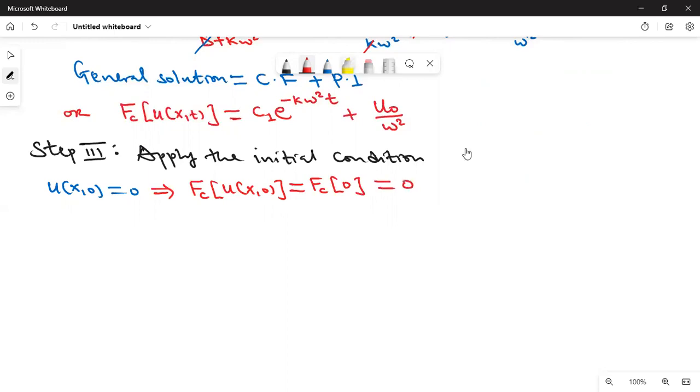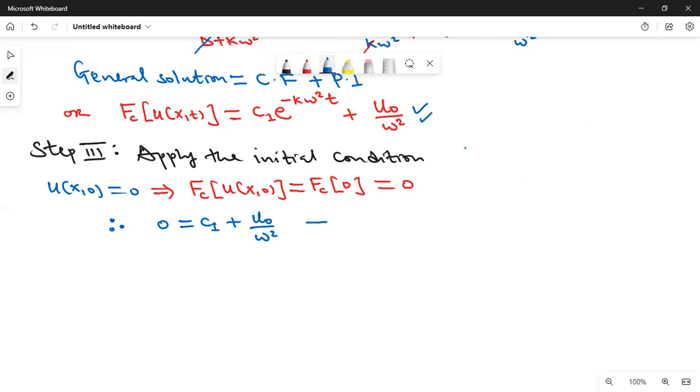So that means in this equation, look at the one I have ticked. When I substitute t is equal to 0, I am supposed to get my transform on the left-hand side to be equal to 0. So we will say now, therefore, 0 is equal to c1 times exponential 0, which is just 1, then plus u naught over omega squared.